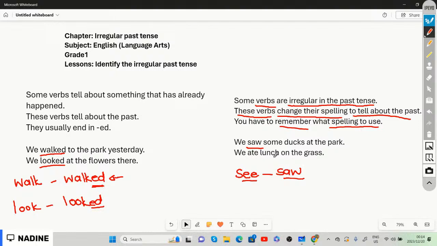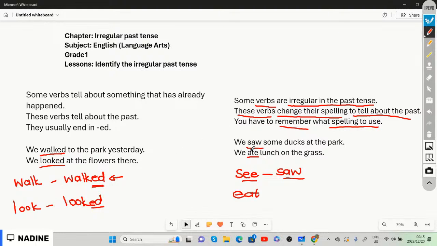We ate lunch on the grass. So ate is our irregular past tense. Ate. And the present tense form of ate is eat. It's eat, right?